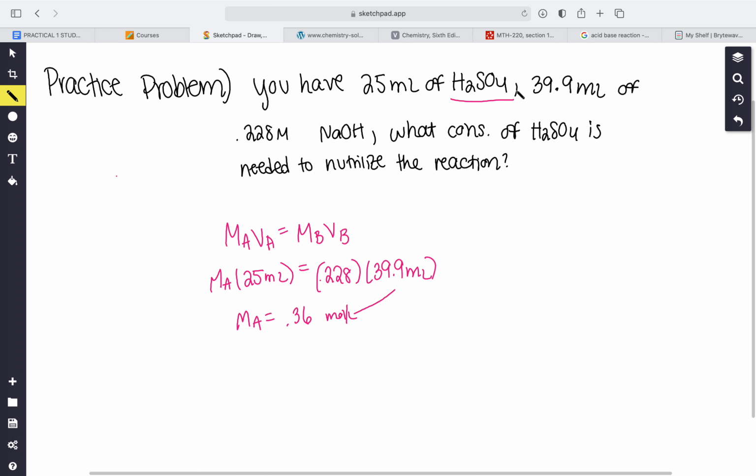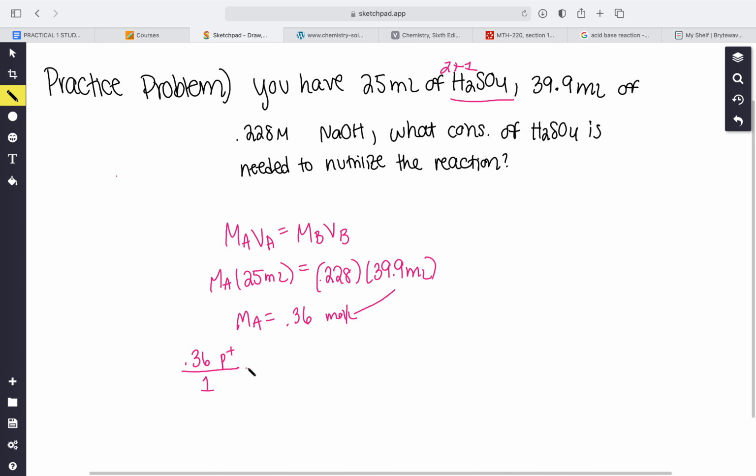But we can see here that this is diprotic, so we get 2 hydrogens. Cool. So now we have to worry about that, right? What I like to think of this is that this is how many protons we need. So we need 0.36 protons in this, right? Because if there were a molarity of 0.36 that's needed, we also need 0.36 protons.